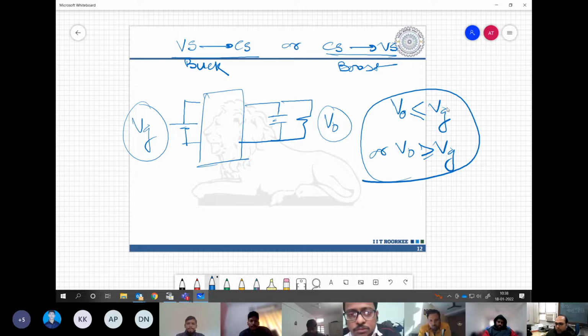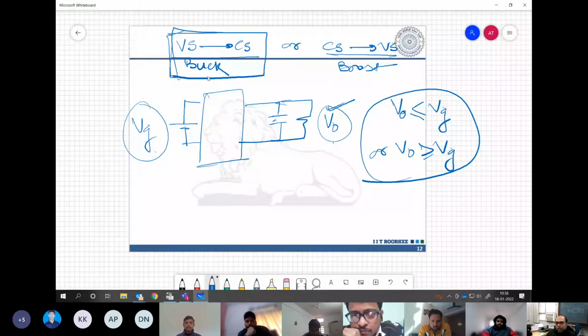Is there any third possibility for the DC voltage output? At the most you can keep equal. No, sir. Correct? So whatever we see up to this point is all the basic that we can do for any DC-DC converter. Anything we do other than these two operations is basically a combination of these happening.